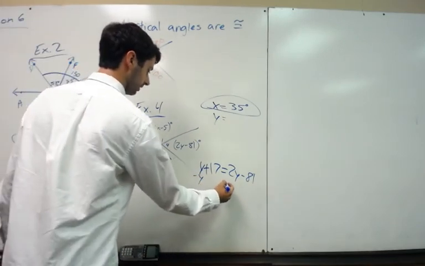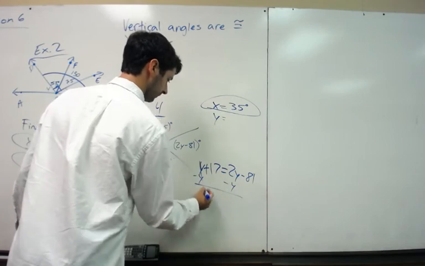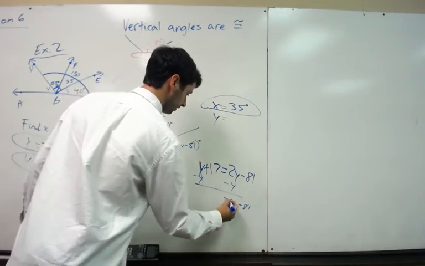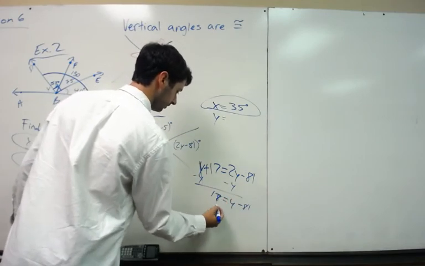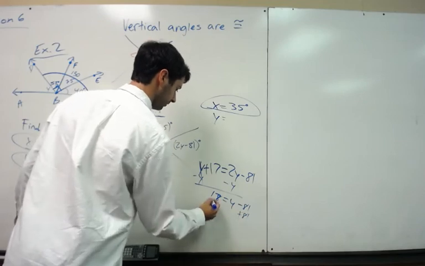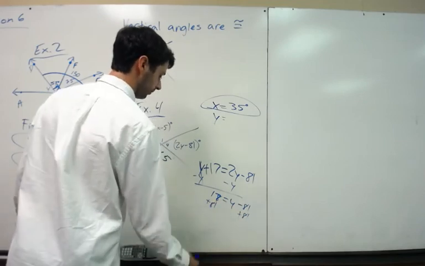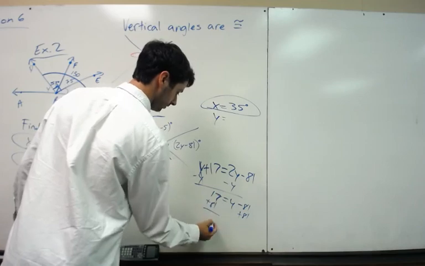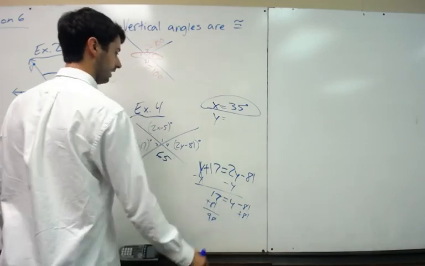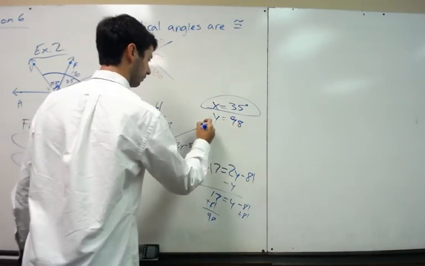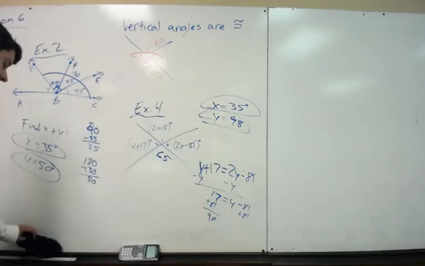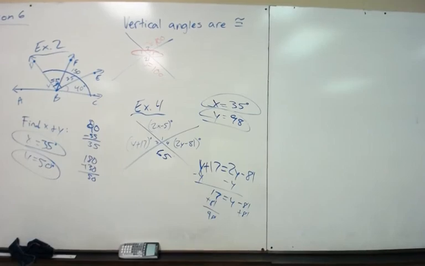Subtract the y. y minus 81 equals 17. Oops. Add 81. y would equal 98. So y would equal 98. And that is how you may use the vertical angles theorem to solve in a problem.